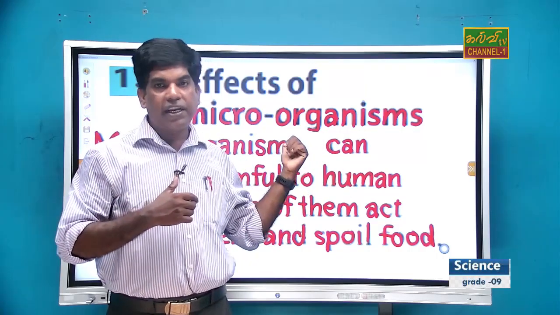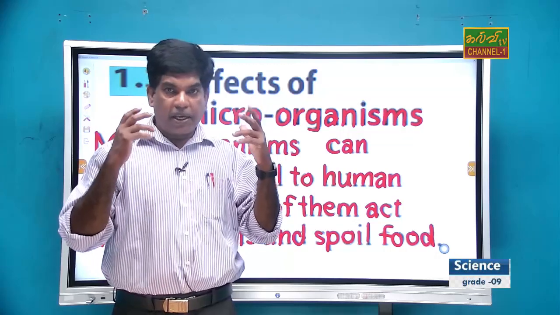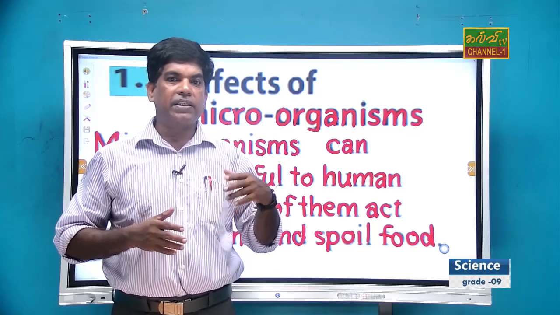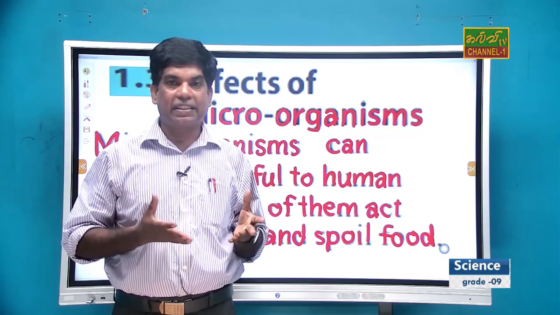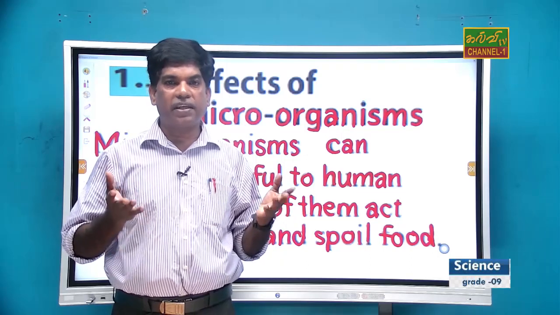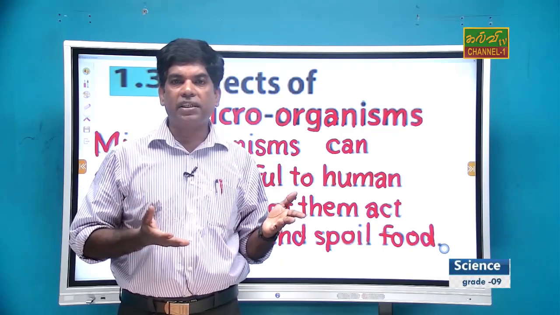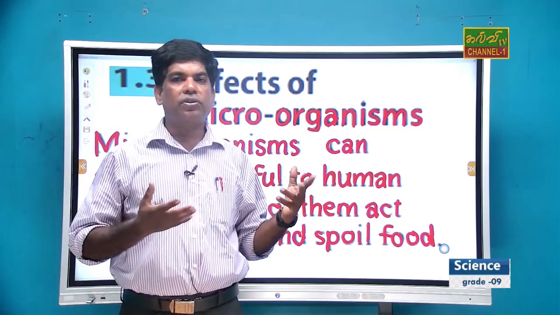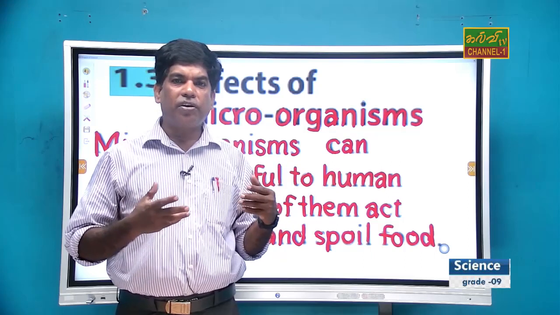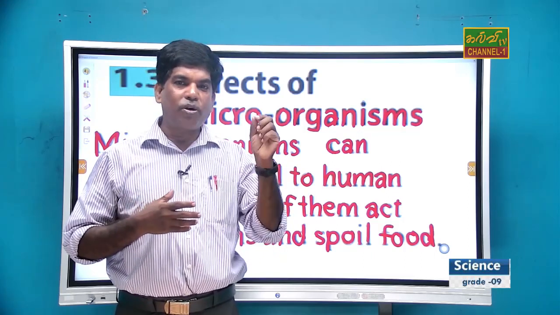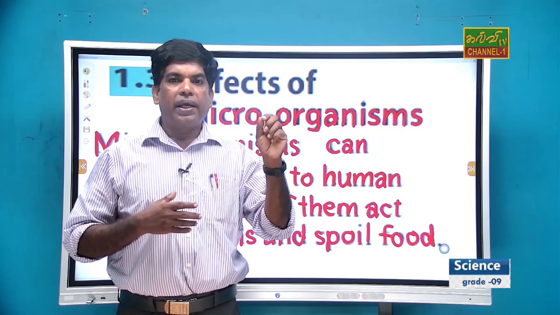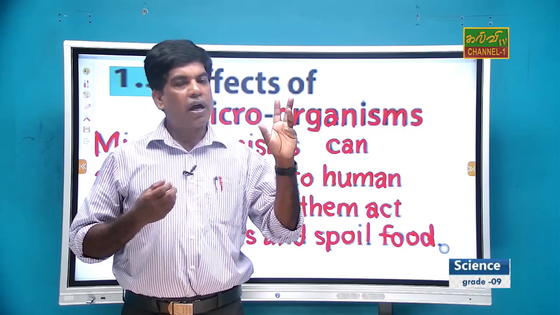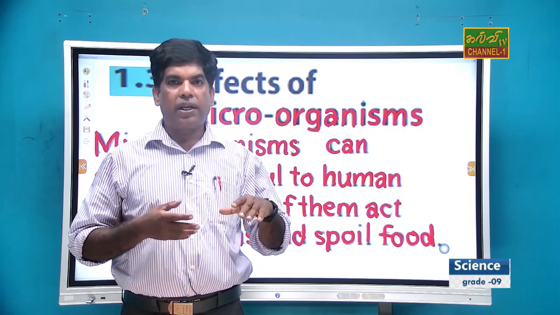This screen shows how the microorganisms cause disadvantages for us. They can cause diseases, right? So many diseases have been found. For example, dengue, measles, polio, tuberculosis, malaria, these kinds of diseases are caused by small microorganisms. For example, dengue fever is caused by an arbovirus, right?